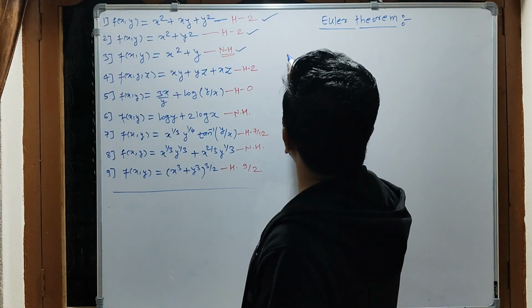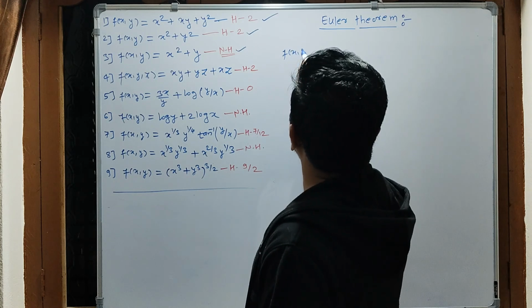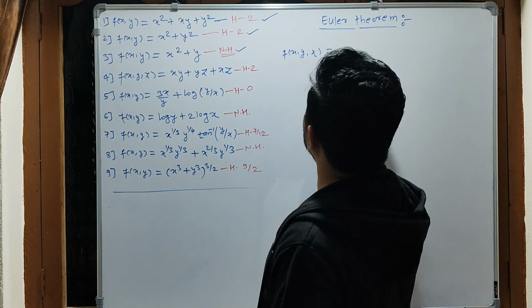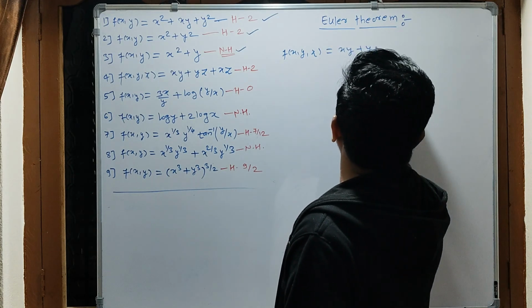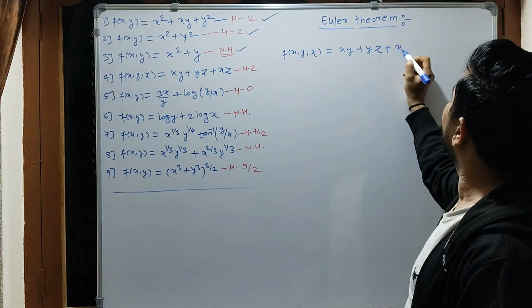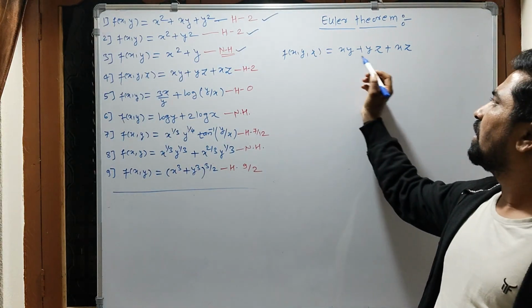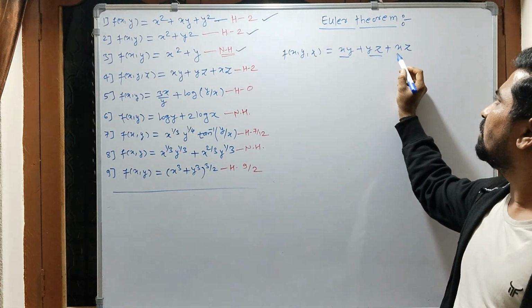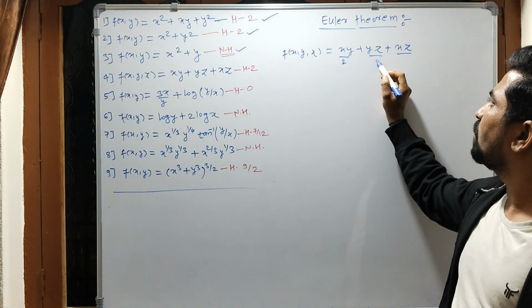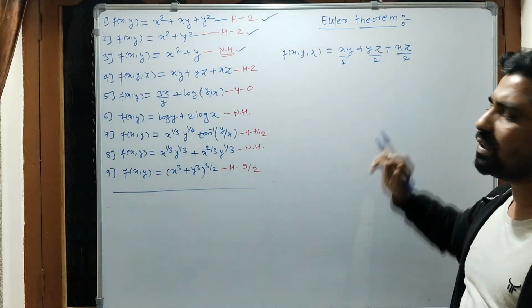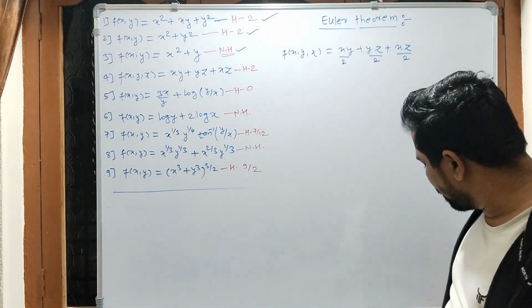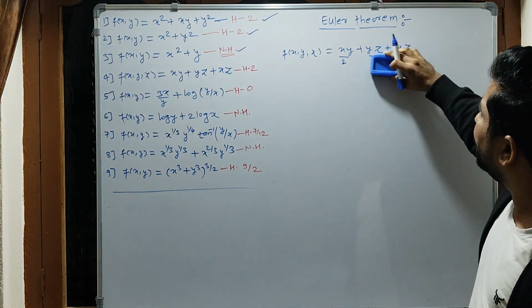Example 4 says the function is defined as f of x comma y comma z equal to xy plus yz plus xz. Of course this is a homogeneous function of degree 2. Why? This is my first term, this is my second term, this is my third term. The degree of the first term is 2, the second term is 2, and my third term is again 2.